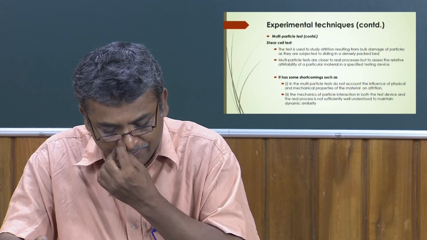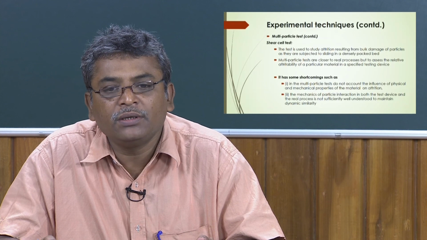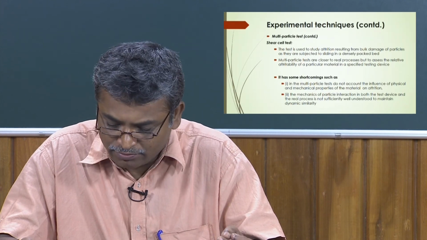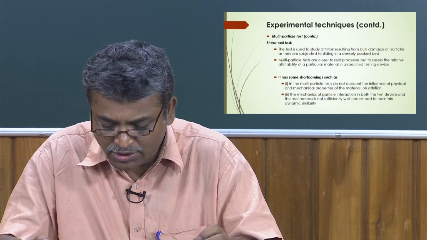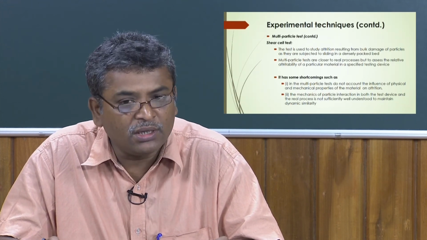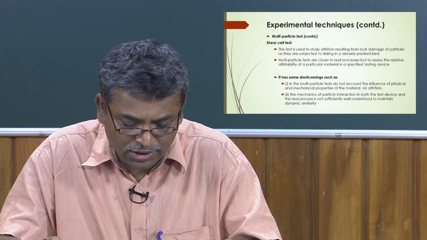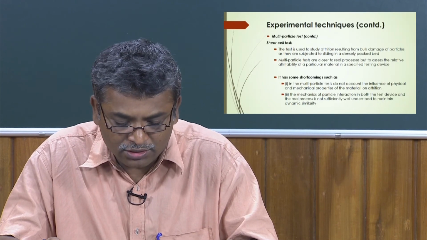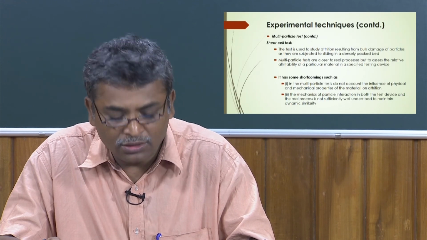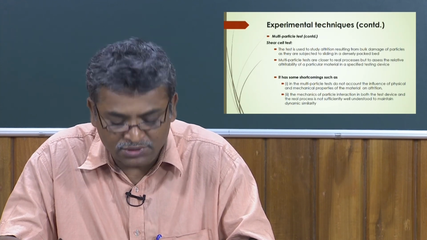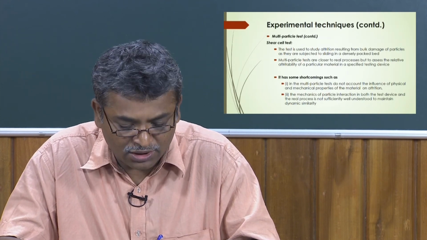The mechanics of particle interaction in both the test devices and the real process is not sufficiently well understood to maintain the dynamic similarity inside the test devices. So, generally you can do the shear cell test, but you may not get the exact results because of some shortcomings of the device being used.